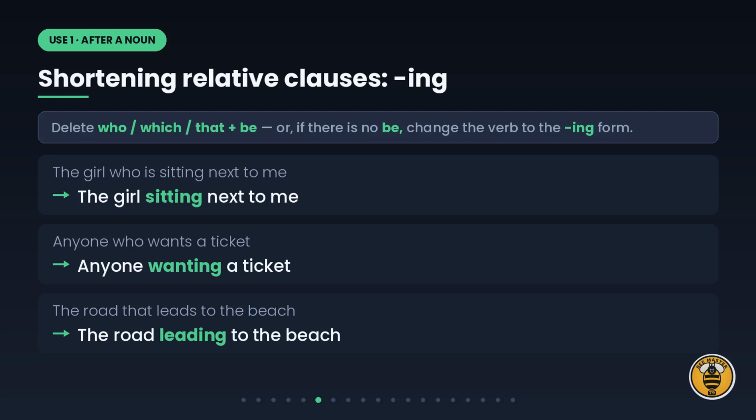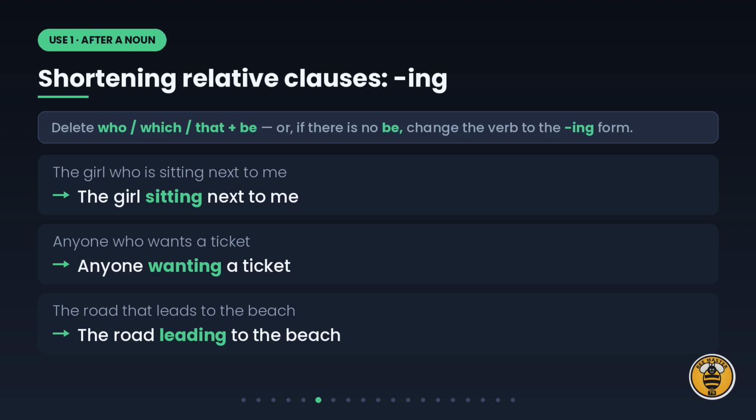Let's practice the most common use of all, shortening a relative clause after a noun. The rule has 2 halves. If the relative clause contains a form of be, delete the relative pronoun and be together. The girl who's sitting next to me becomes the girl sitting next to me.